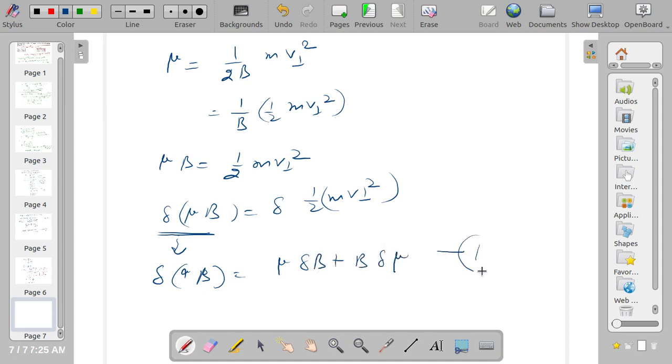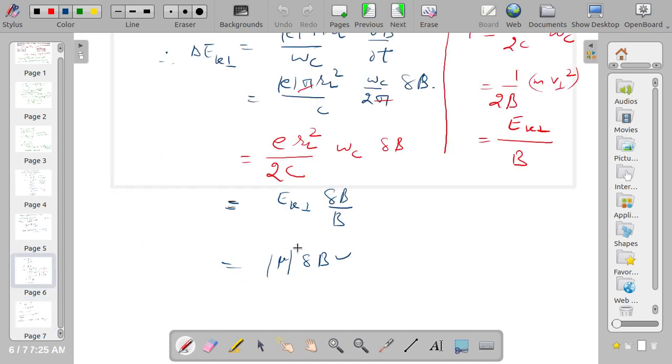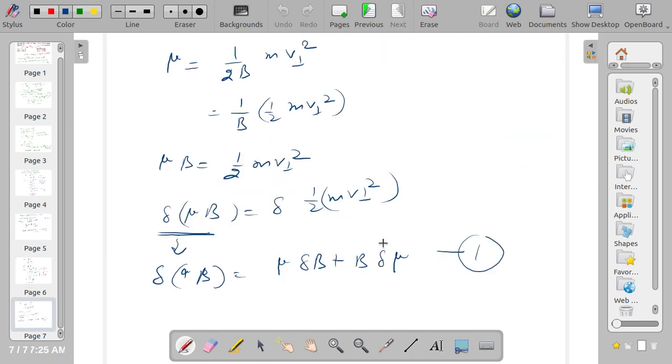So this is one equation, and another equation which I got is this one.